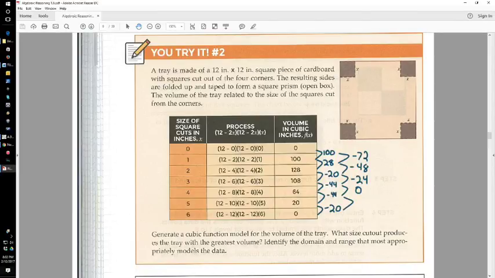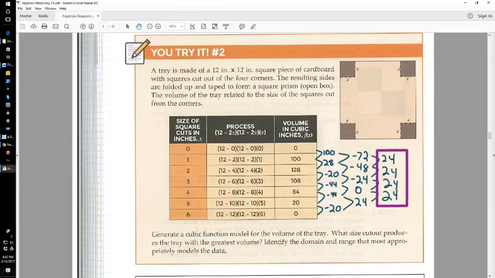Negative 20 minus 44 equals a positive 24 as well. Okay, I think I'm seeing the pattern now. Negative 48 minus negative 72 equals a positive 24. Negative 24 minus negative 48 is also 24. 0 minus negative 24 is 24. 24 minus 0 is 24. All right, there we go. So your third difference is the same.